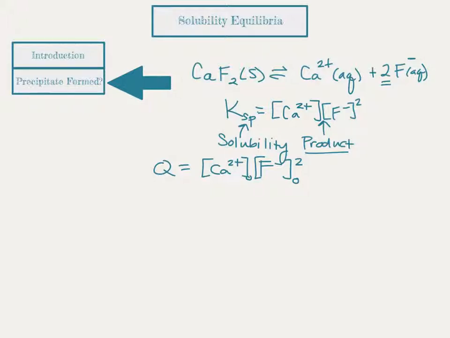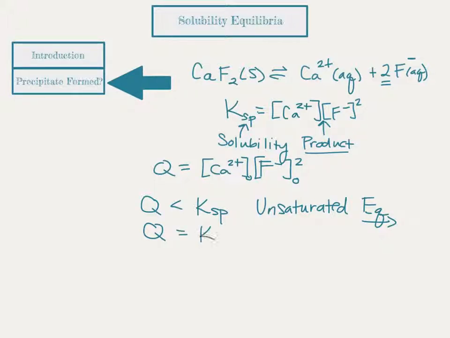In general, if the Q is less than the Ksp value, this is considered an unsaturated solution, where more of that compound can dissolve. You can think of it as an equilibrium shifting to the right. If the Q is equal to the Ksp, that means you're just perfectly saturated, or no more can dissolve.